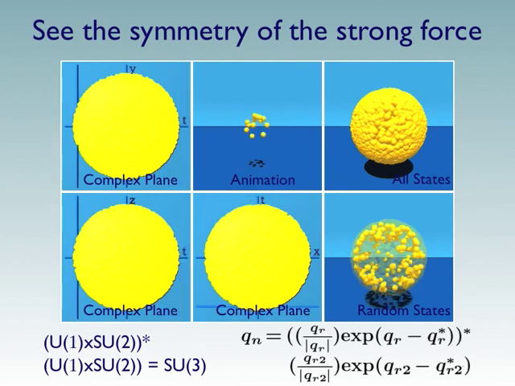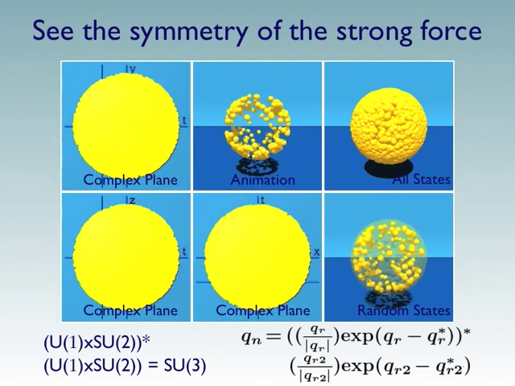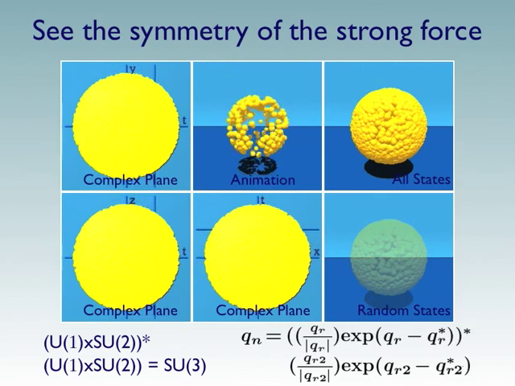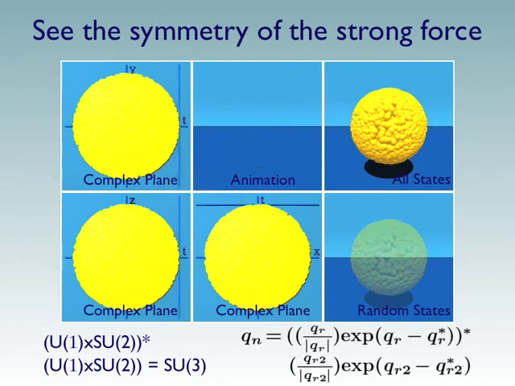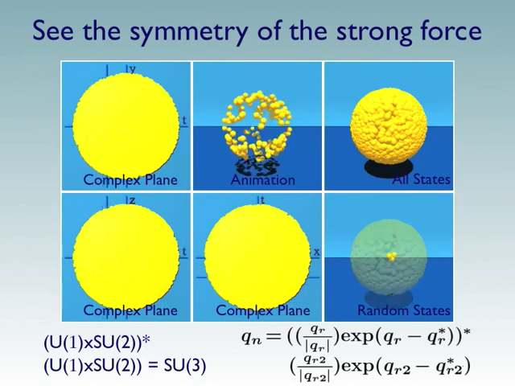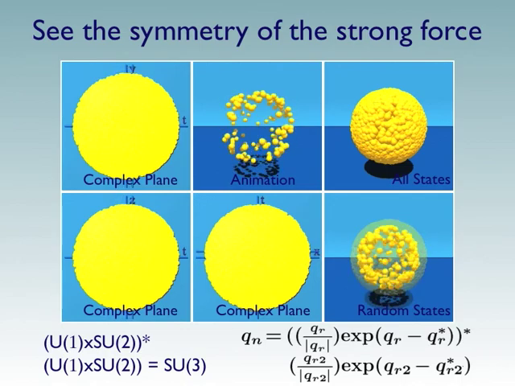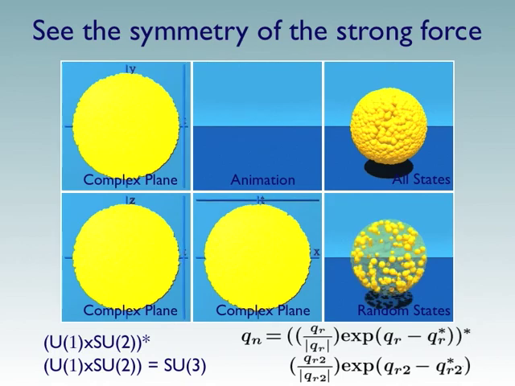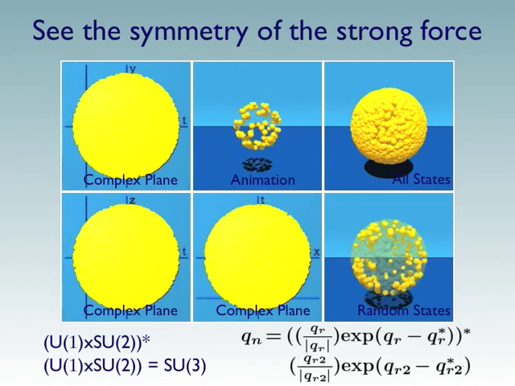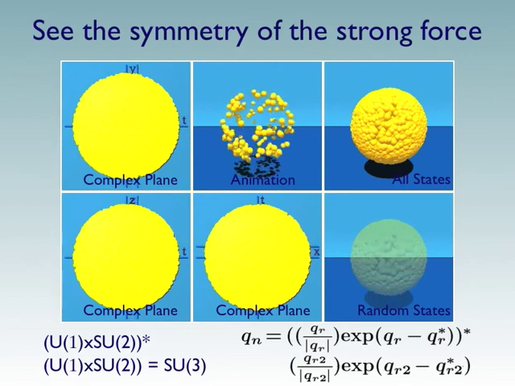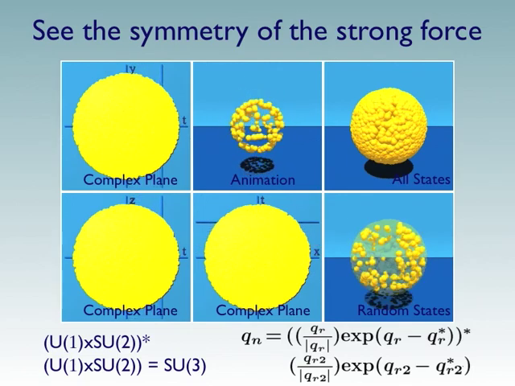But there's another issue, and that is that SU3, the strong force, has something called confinement, where you don't get to see an isolated quark. Somebody won a Nobel Prize for that one, but they didn't explain why there was confinement for SU3 and not confinement for, say, U1. Certainly, if there was confinement for U1, the universe wouldn't be the way it is.